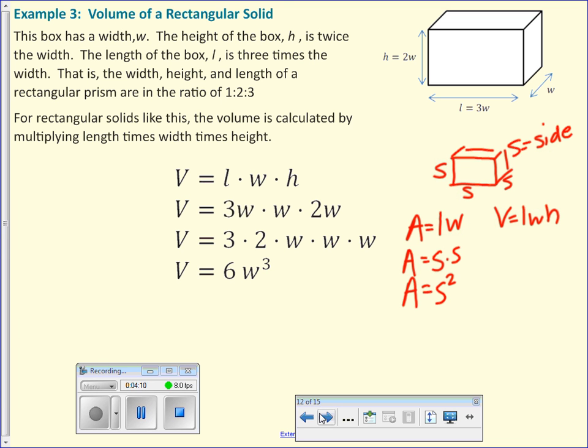Because this is a square, or a cube, or a square prism, whichever word you want to call it, length times width times height is side times side times side. Because all the sides are equal, I can use the same variable. So volume equals side cubed. And then when I know what S is, I can replace it and find the exact area or volume.